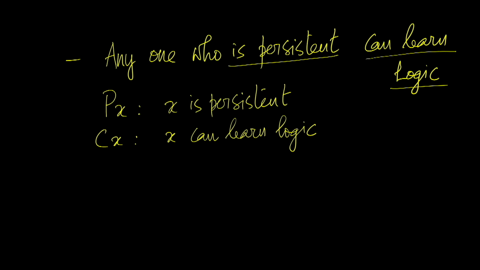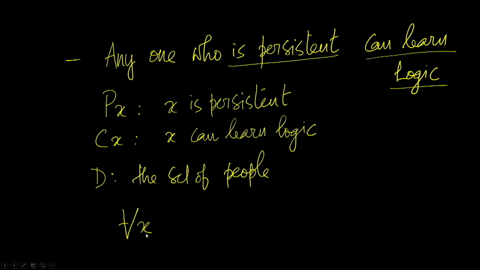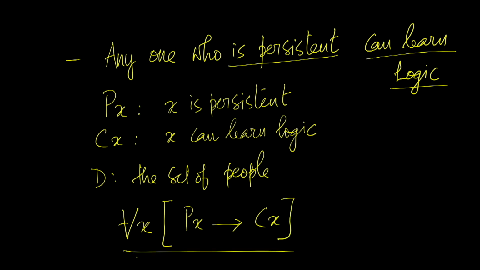In other words, for every x, when x is a person, that is, our domain of discourse is the set of people. For every x, where x belongs to D, that is understood, the domain of discourse is understood. For every x, if x is persistent, then x can learn logic. This would be the first order representation of the sentence.